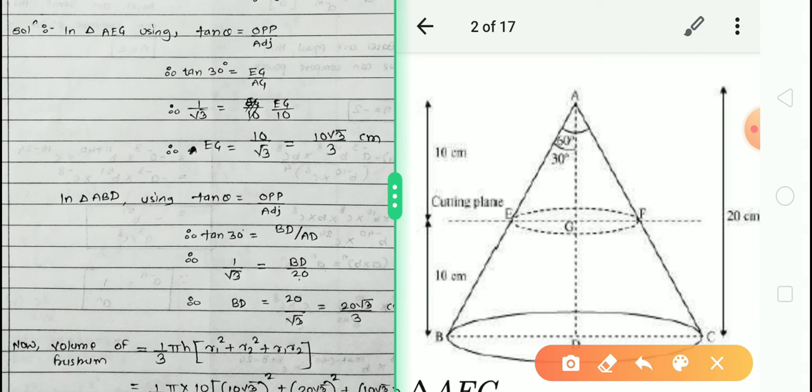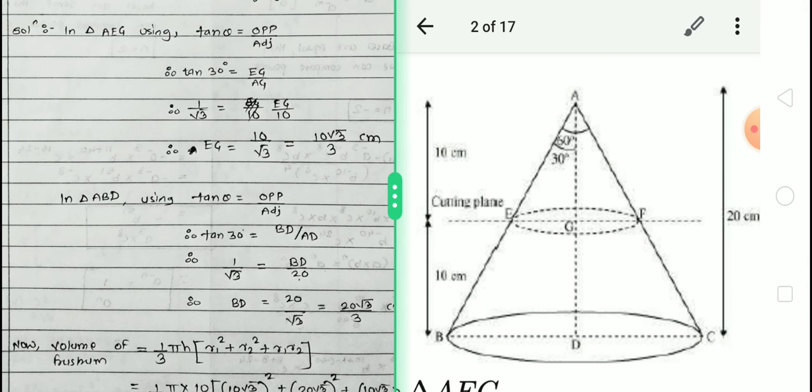Value of tan 30 is equal to 1 upon root 3 and AG is 10. So we can write 1 upon root 3 is equal to EG upon 10. Then using cross multiplication we can write EG is equal to 10 upon root 3. Using rationalization we will get 10 root 3 upon 3 centimeter. So R1, EG, is 10 root 3 upon 3 centimeter.